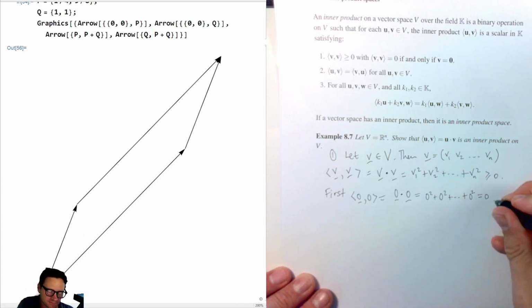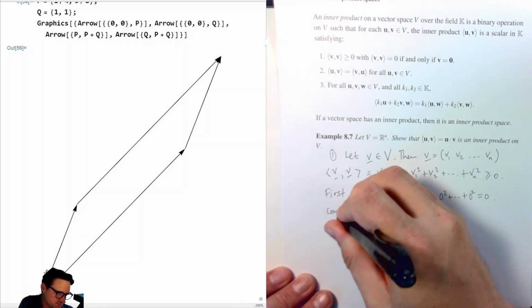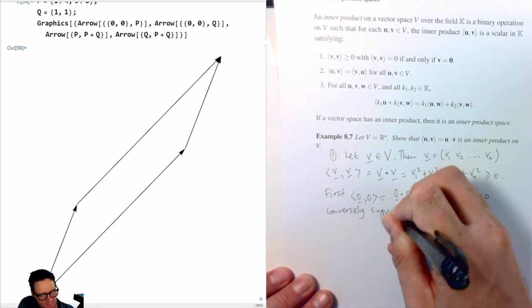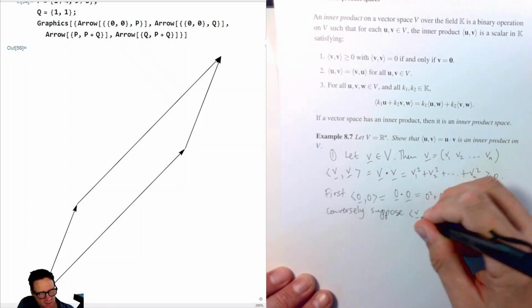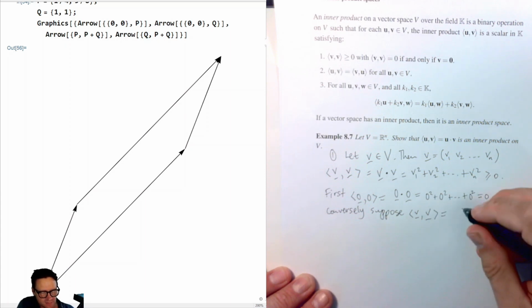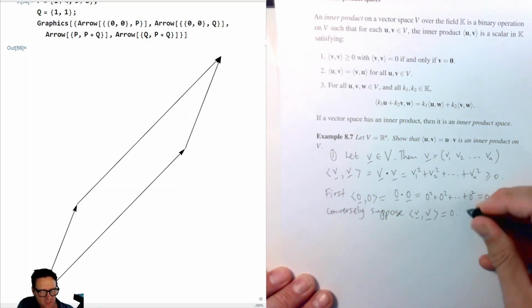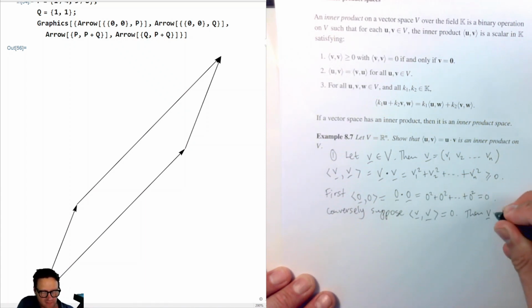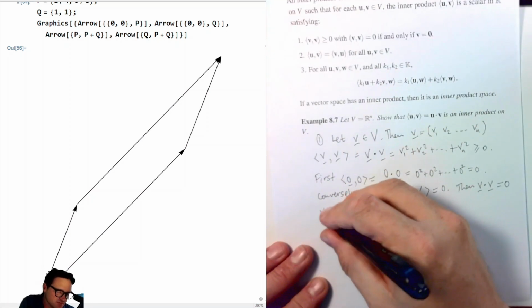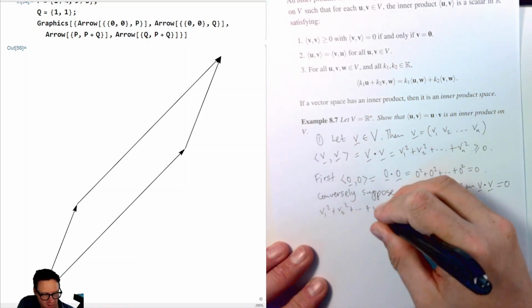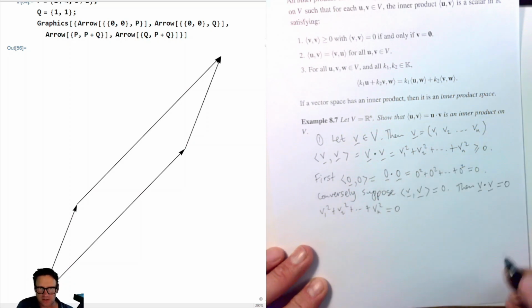Okay, conversely, suppose the inner product of v with itself is 0. Well, since we're talking about the dot product in this case, then v dot v is 0. What is this? It's v1 squared plus v2 squared, and so on, up to vn squared, equal to 0.